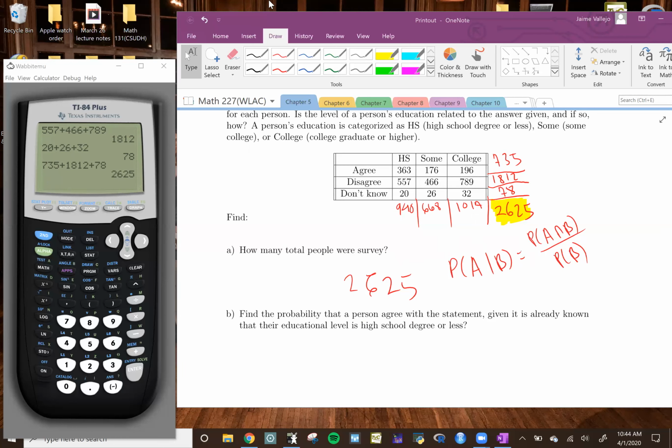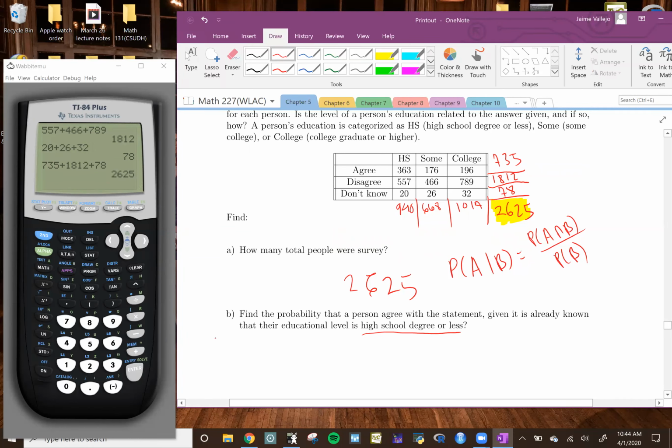What information do they already give us? High school degree or less. Yeah, cool. So we already know they have a high school degree or less. So this is the given information.